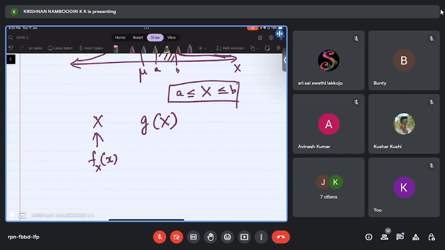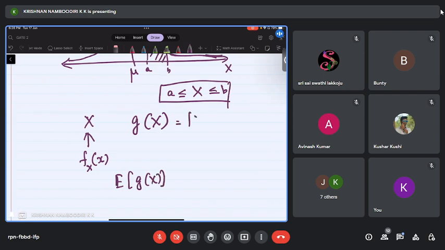Sometimes I will write capital X as a subscript. Then what is the expectation of g of x? It is nothing but the integral from minus infinity to infinity of g of x into f of x dx.